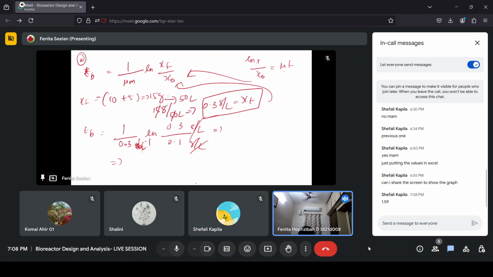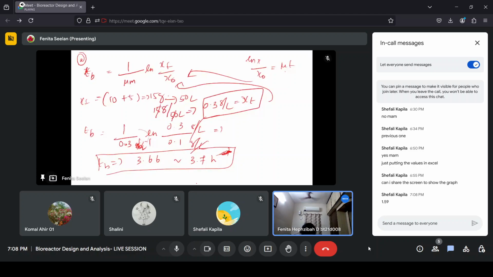It's coming around 3.66, so let's put it as 3.7, our inverse, the batch time. So to produce 10 gram of biomass at the end of fermentation, the batch time required is 3.7 hours. Sorry, not inverse, hours.